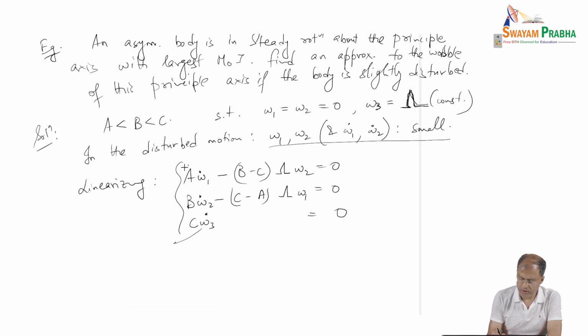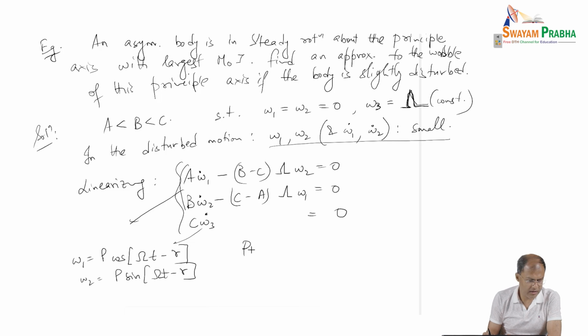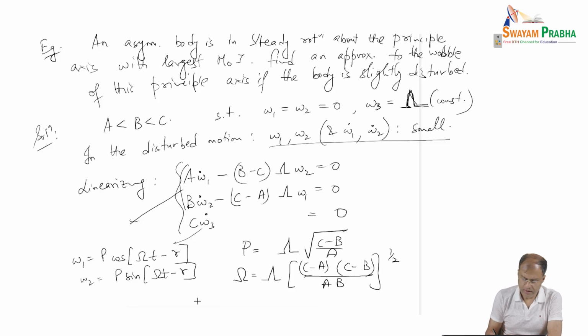We can solve the first and second equations independently, and we find that omega 1 is p times cos of omega t minus gamma, and omega 2 is p times sine of omega t minus gamma, where p is my amplitude given by lambda times square root of (c minus b) by a, and the frequency omega is given by lambda times ((c minus a)(c minus b) divided by ab) to the power half.